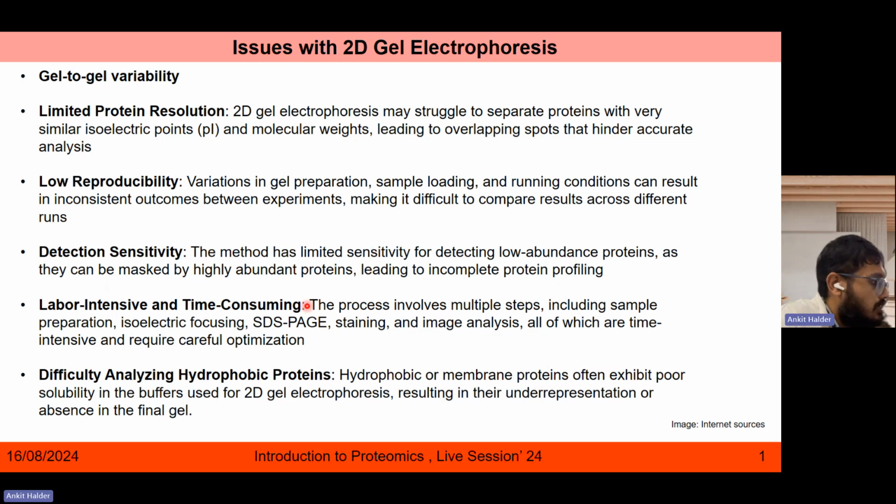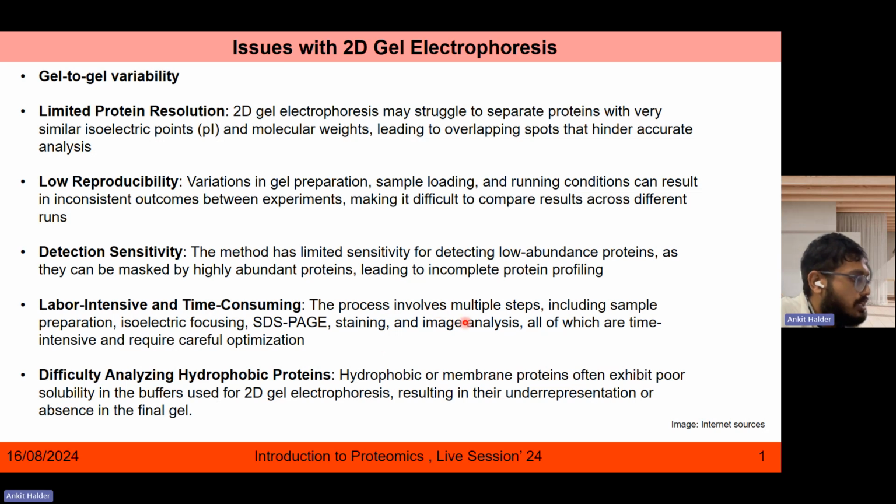Low abundance proteins cannot be easily found because of solubilization and other requirements, so detection sensitivity might be low and will not help to get the low abundant proteins, right?